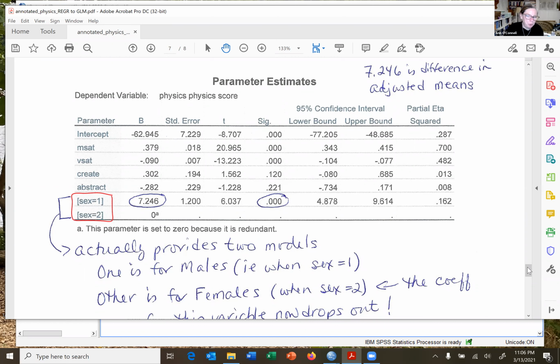So that's 7.246. Again, this is just going to be the difference in adjusted means between the two values for sex. Here in this model, if we look at the significance column, math and SAT, of course, are still significant. It's the exact same model. It's just packaged a little bit differently.